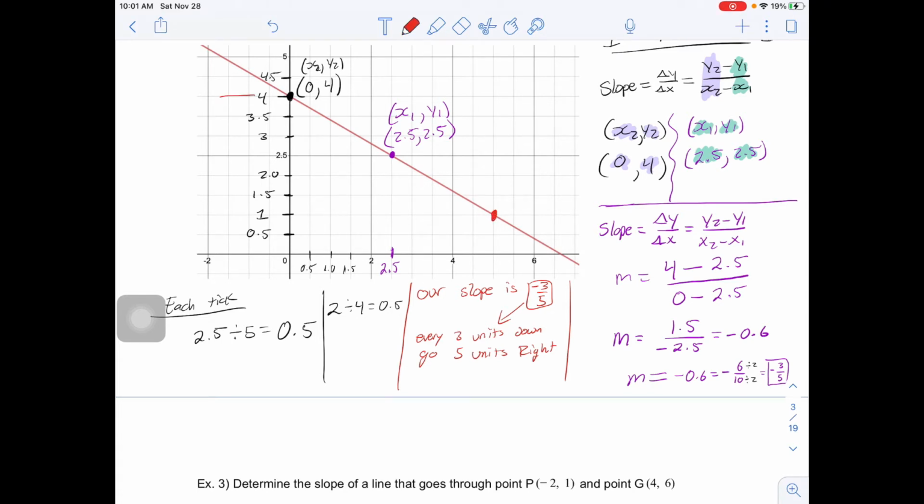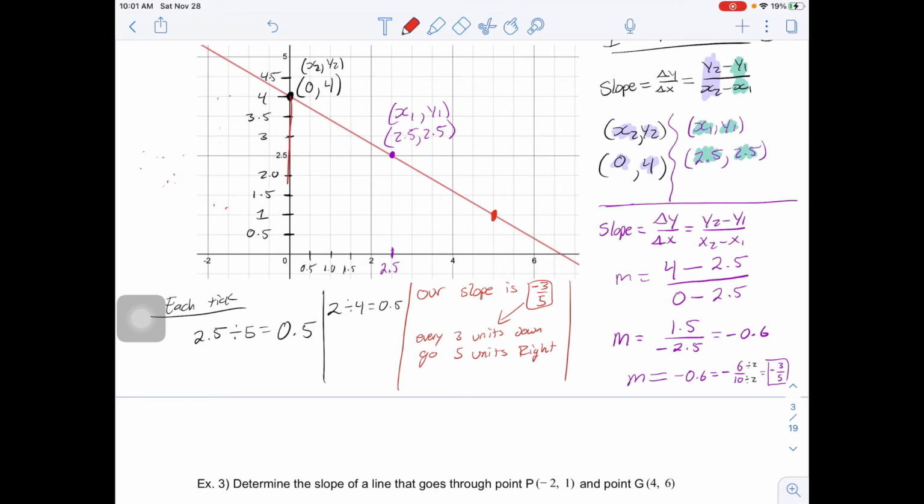So if we were to follow this rule, we go 3 units down, sorry, that's a little confusing because it looks like we moved to the left a little. Let's make that a little bit more sensible.